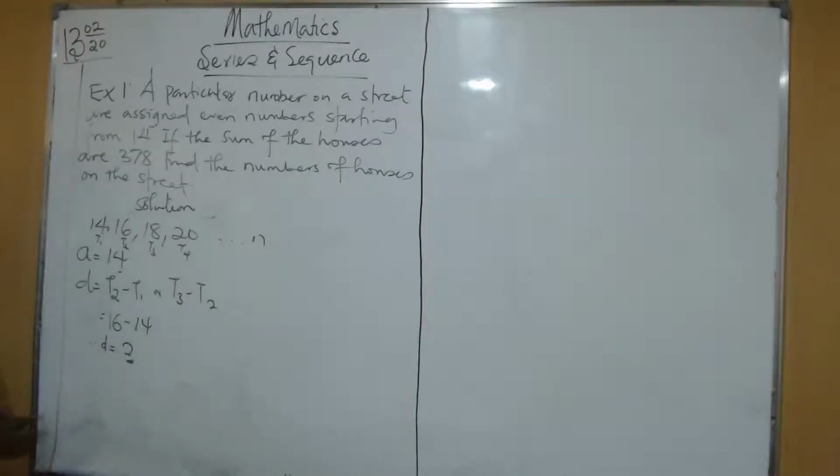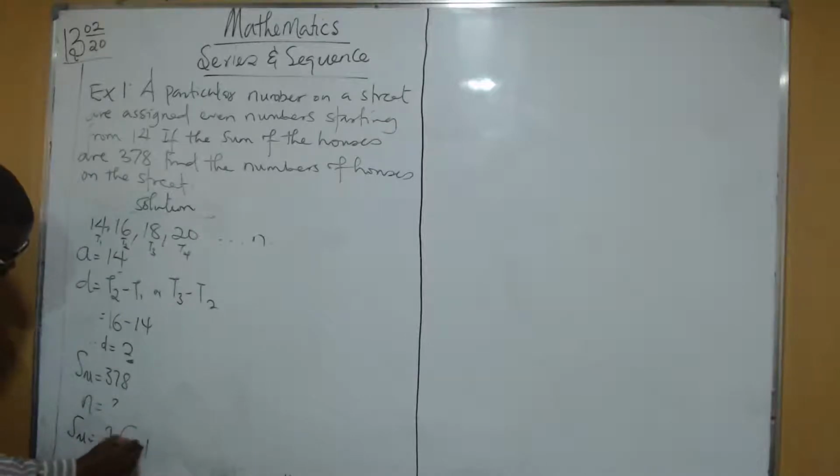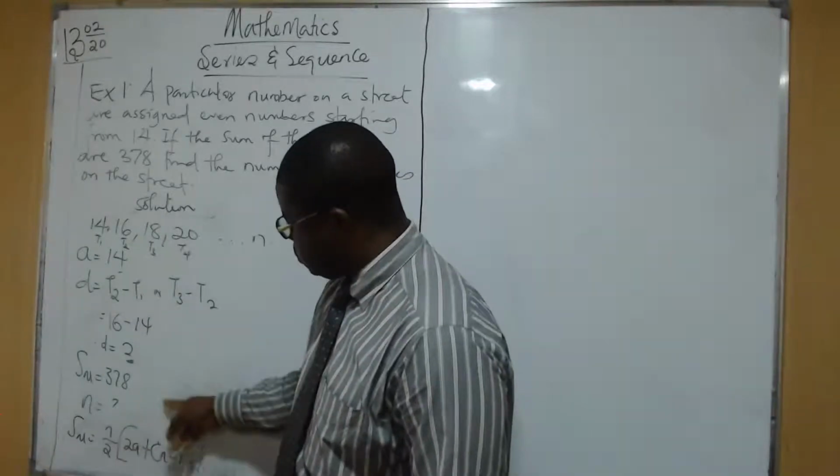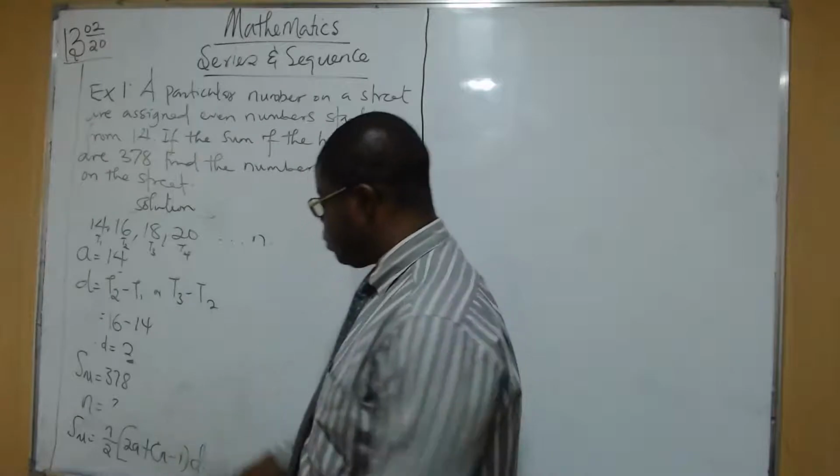Now having known this, the sum of the AP is 378, while n is the number of terms.